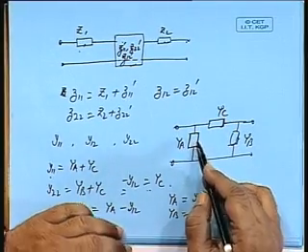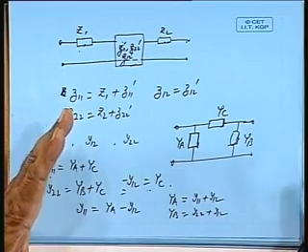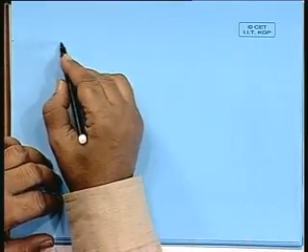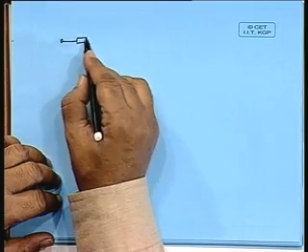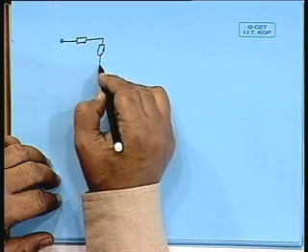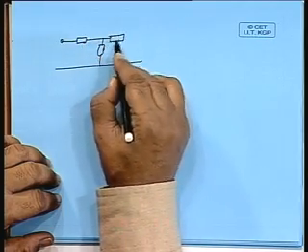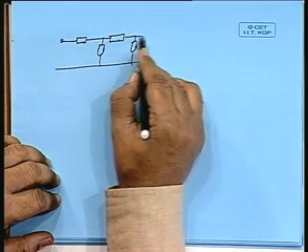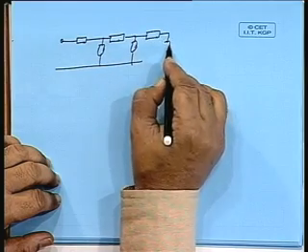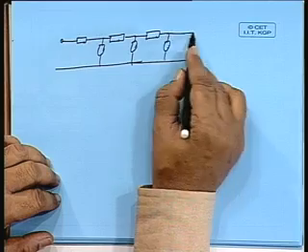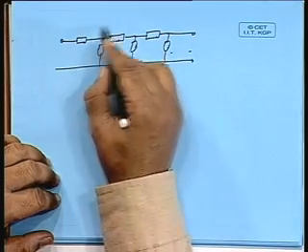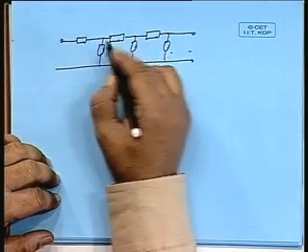Now, given any network, you can have a very complex structure of a two-port network. And so on. All right, there can be bridge elements also.